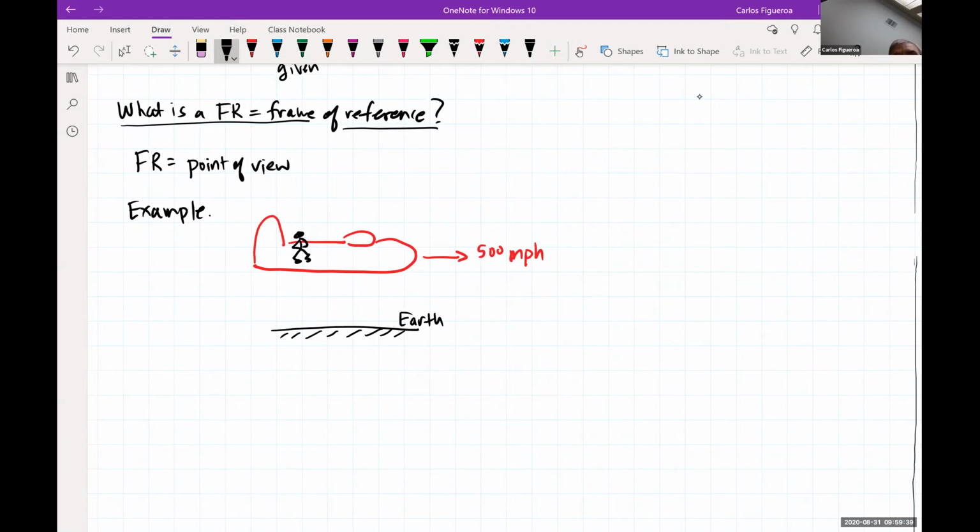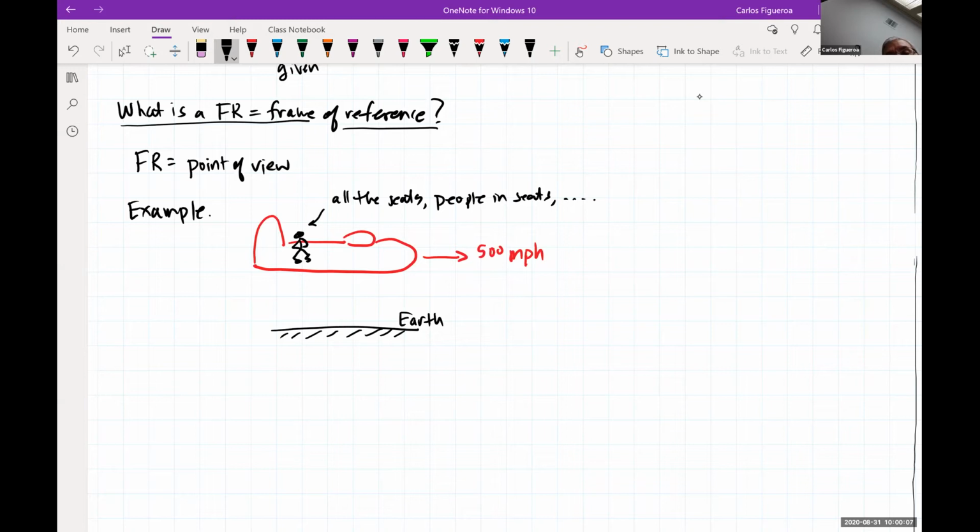from your frame of reference, this person in the plane, when you say your frame of reference is in this plane, that means that all the seats, people in the seats, magazines, a cup, or whatever it is that's in that plane, that's your frame of reference.